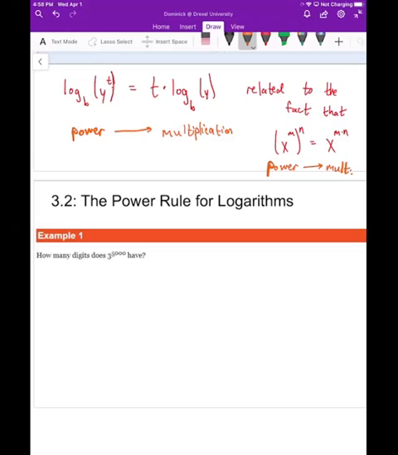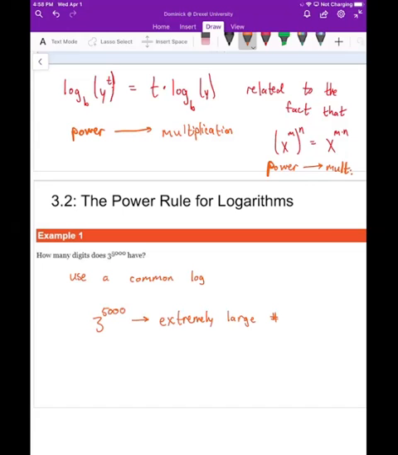So of course we want to find how many digits does 3 to the 5,000 have. Now the idea here is that we can use a common log, and that will help us figure out how many digits we have. If I look at 3 to the 5,000, this is an extremely large number, and it would take way too long to actually count the digits.